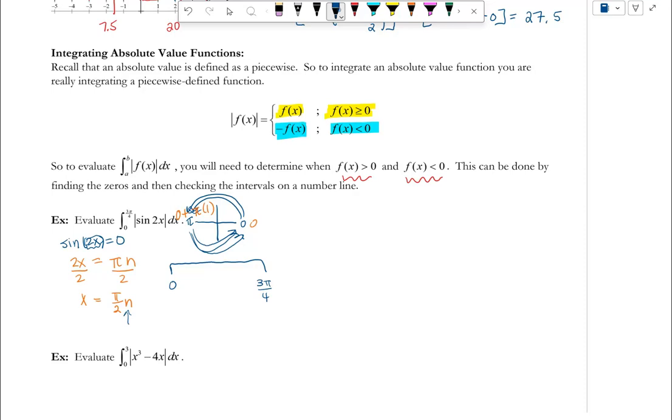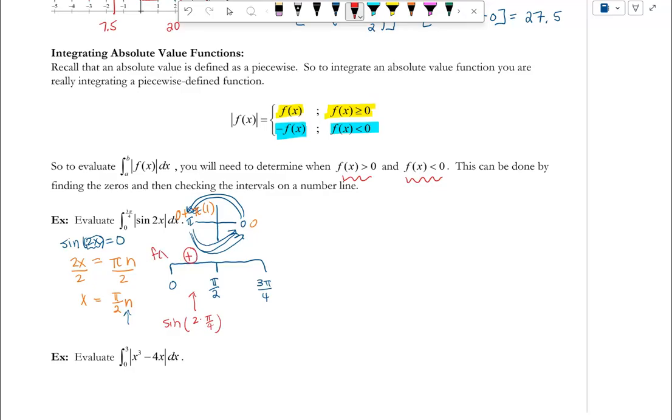So from 0 to pi halves, my function is going to be one sign, and then from pi halves to 3 pi over 4, my function is going to be a different sign. Okay, so if we go ahead and test this, if I pick anything on this interval to plug in here, let's say that I plug in pi over 4, the sine of 2 times pi over 4 is going to be positive.